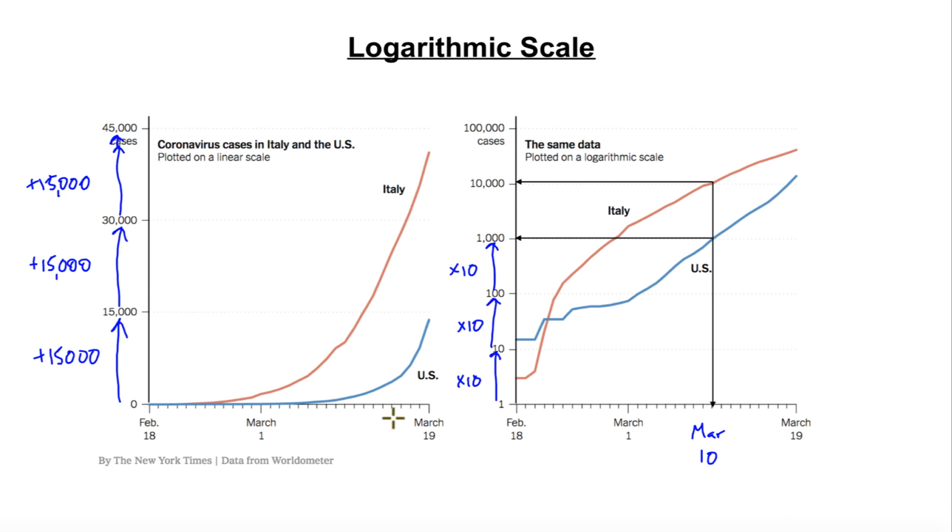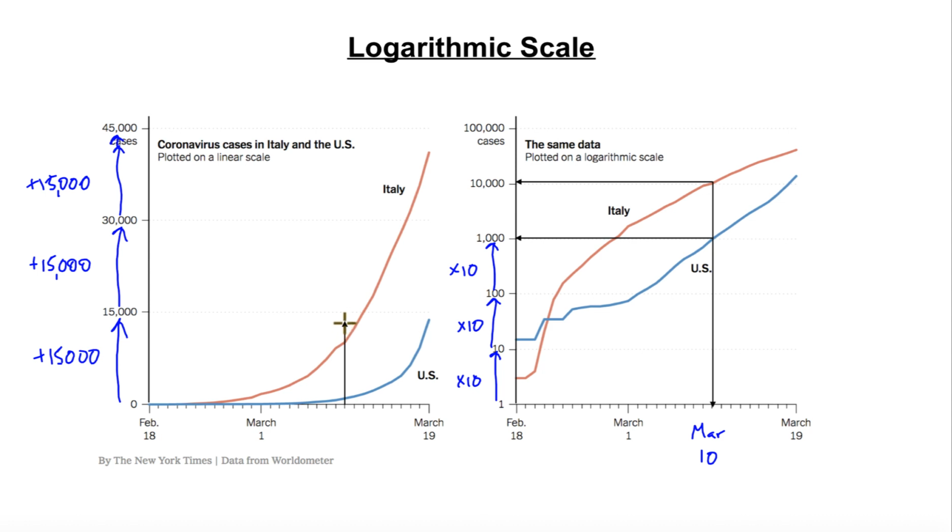Now let's go to March 10th on the linear graph, which is representing the same information, just with a different scale. If we go to March 10th, so 19, 18, 17, 16, 15, 14, 13, 12, 11, 10, that's here.